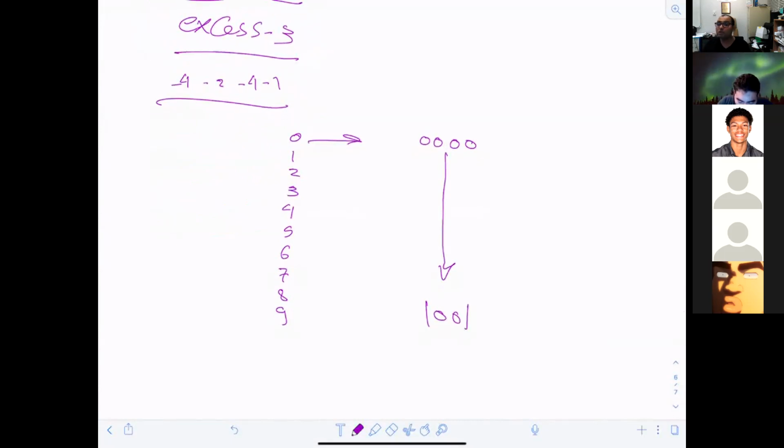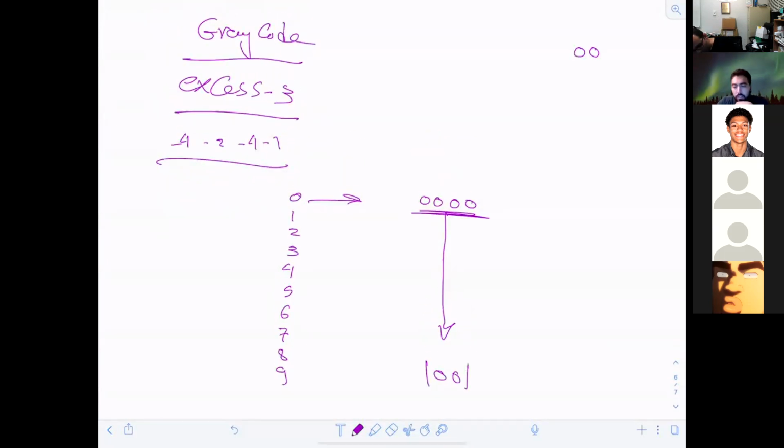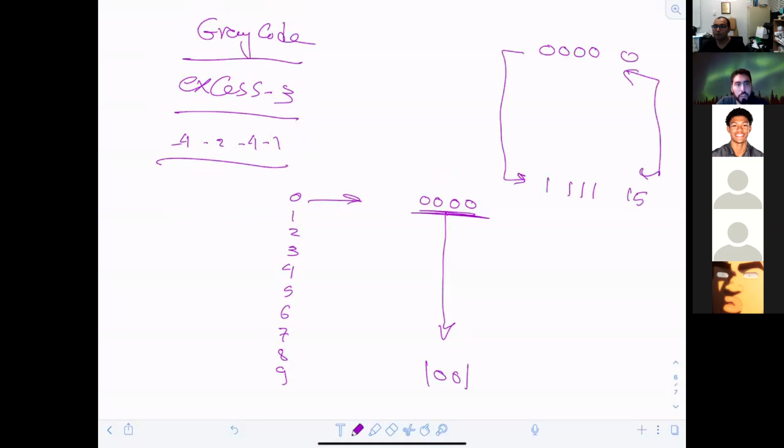But 4 digits can represent 0 to 15, right? If you have 4 digits, it means you have 0000, 0001, up to 1111 when you flip everything. So that's basically 0 to 15, which is the hex. Do you remember? Yes.